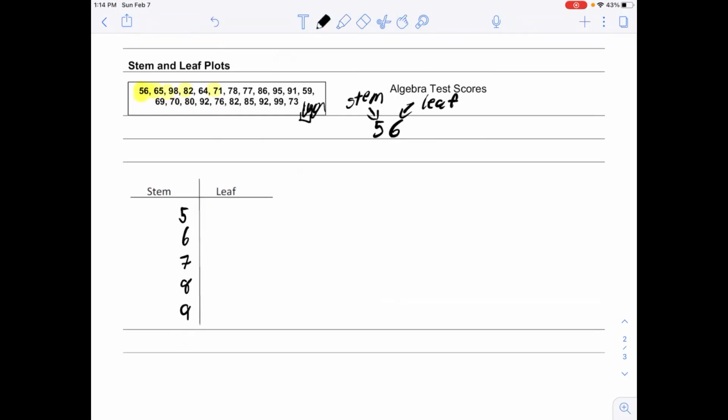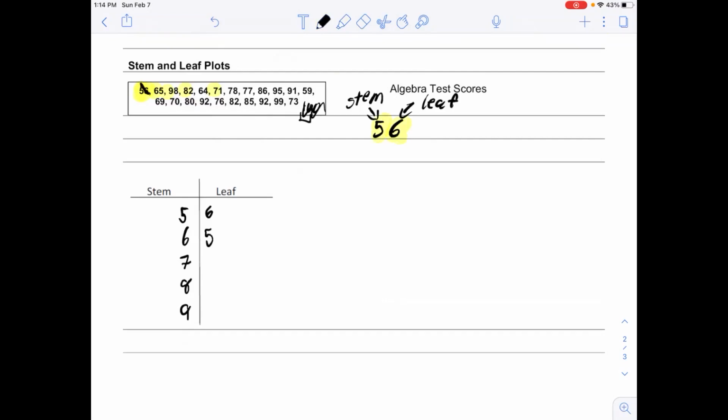So to plot each of these now, I say, okay, I have the number 56. The number 56 has a stem of 5 and a leaf of 6. So I put the leaf of 6 right there. For 65, 65 has a stem of 6 and a leaf of 5.